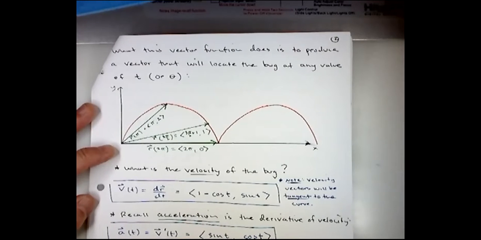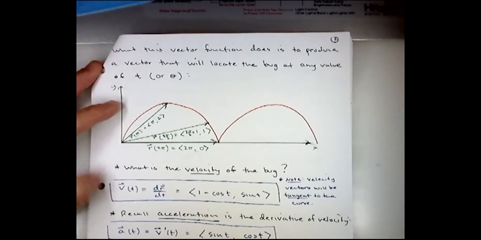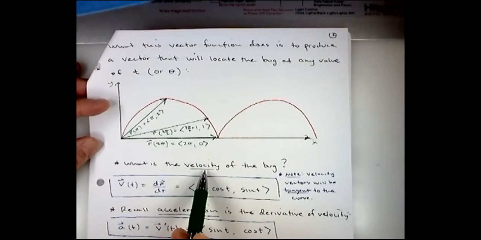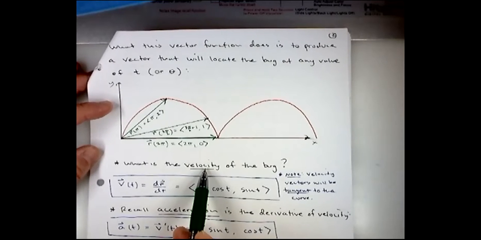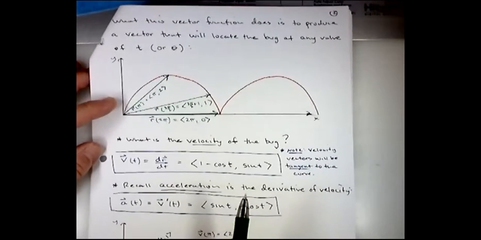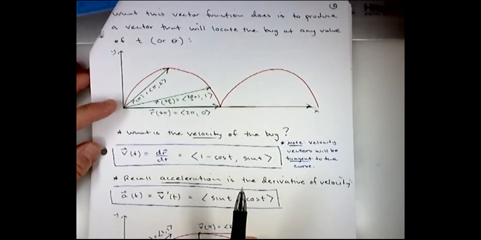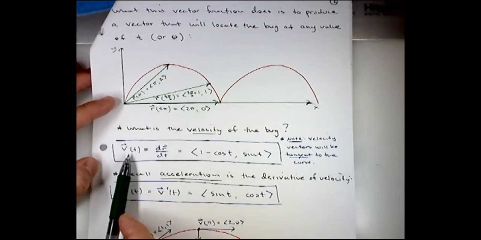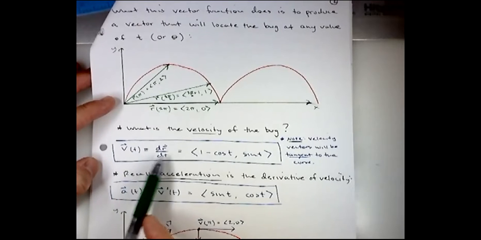Okay. Now that we have a position vector function, we might want to know what's the velocity of the bug at any moment in time. What's our velocity function? Borrowing what we've learned from derivatives in first quarter calculus, if we have a position function, the velocity function is just the derivative of that.